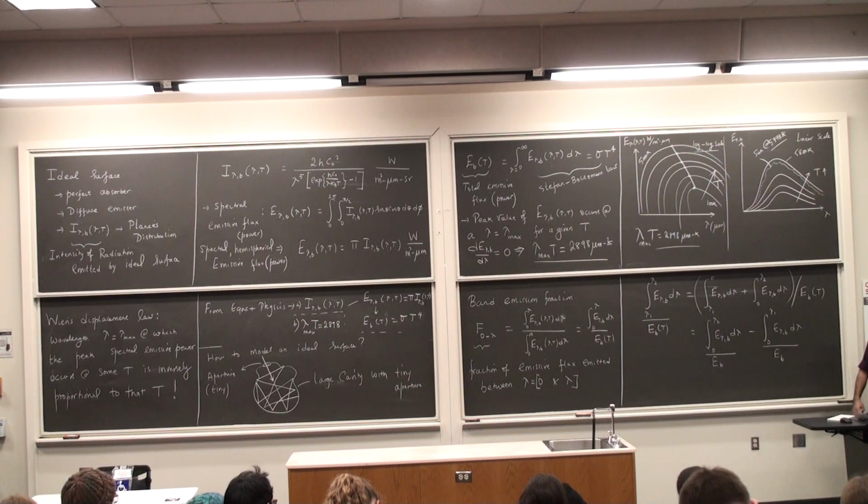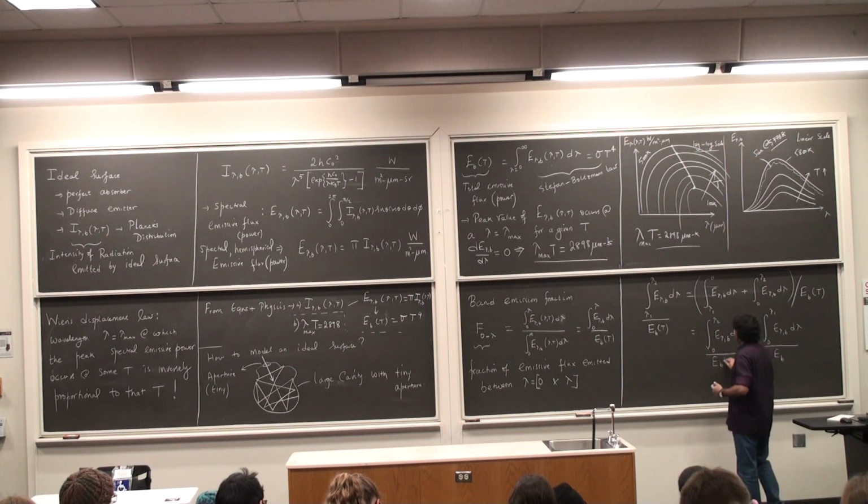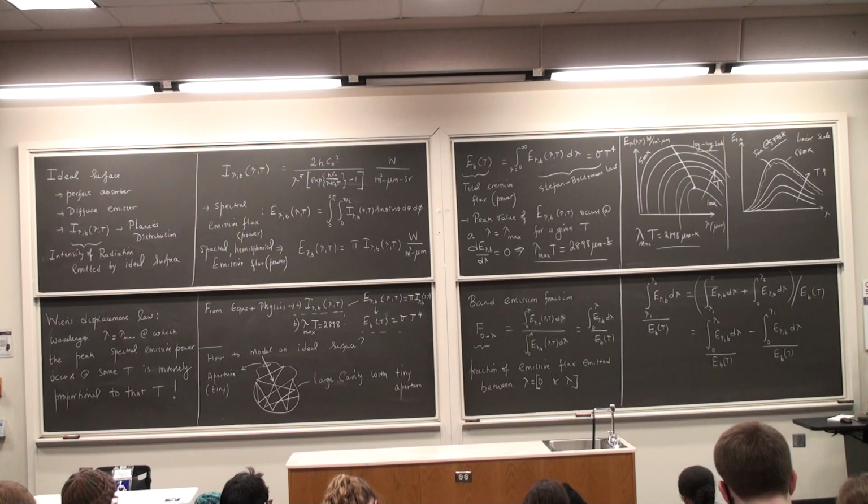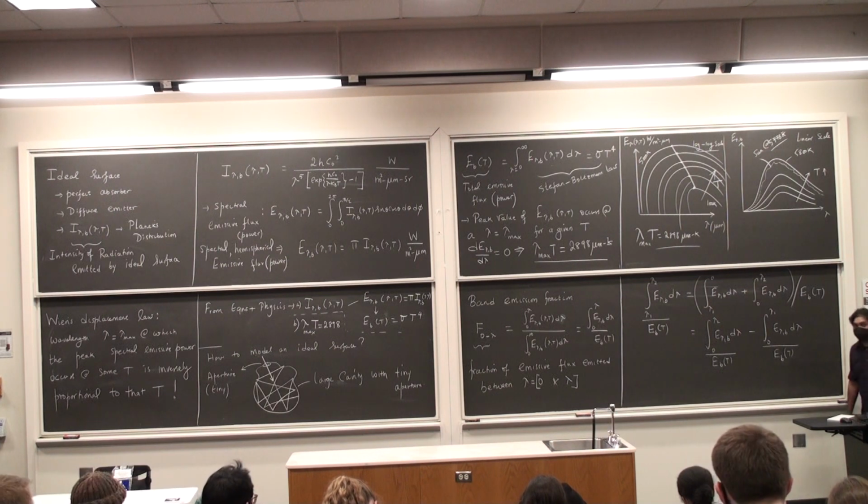Am I making sense to everybody? E_b is an integral from 0 to infinity. That's the total emissive power of a real surface over all the wavelength ranges that we're interested in.